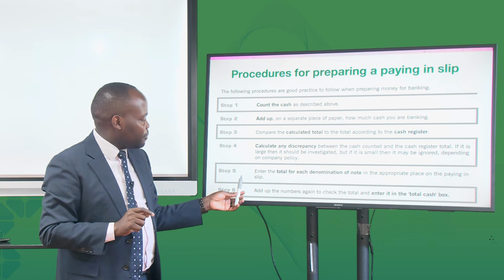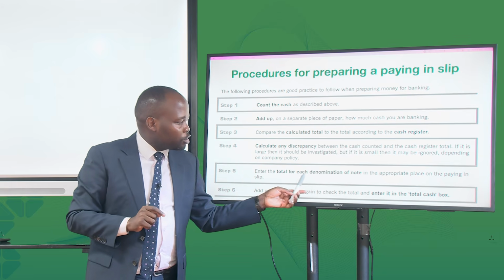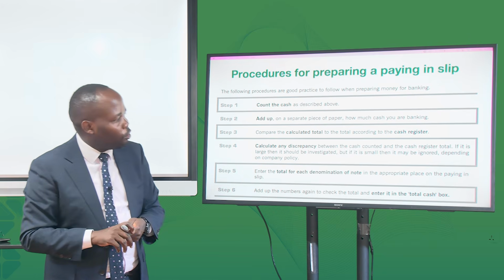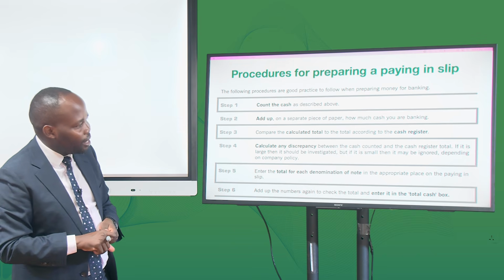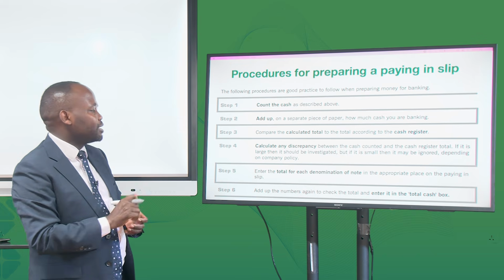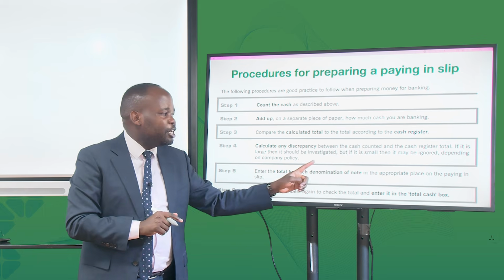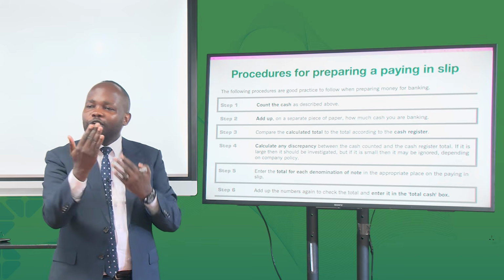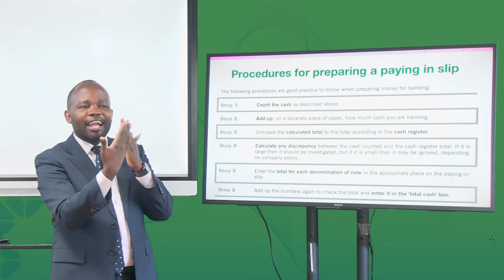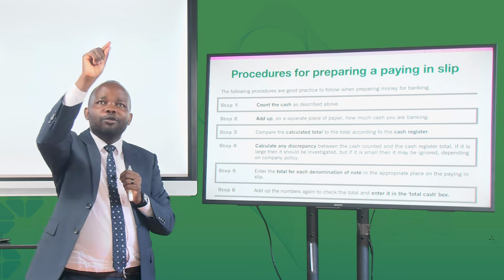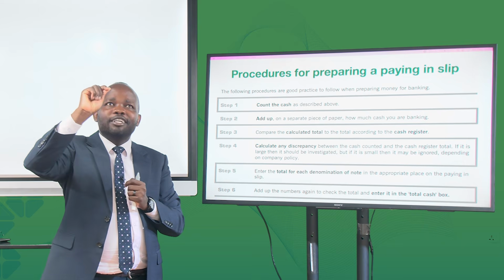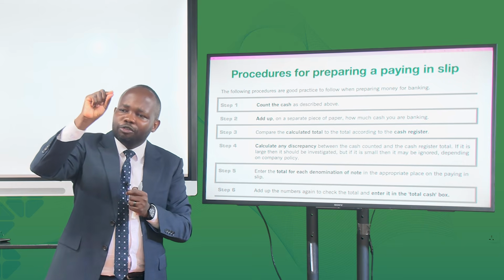That is step 5. Enter the total for each denomination of note in an appropriate place on the paying in slip. So you must enter each denomination somewhere. In most banking slips, at the back of the slip, there are always the denominations, maybe 5,000, 2,000.